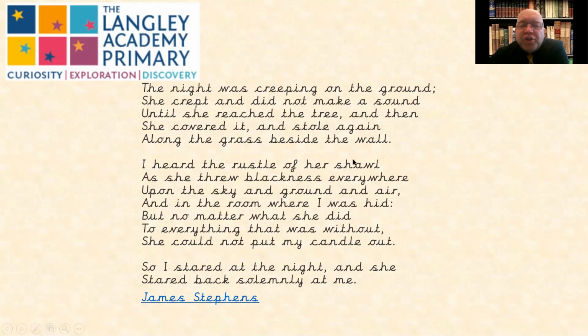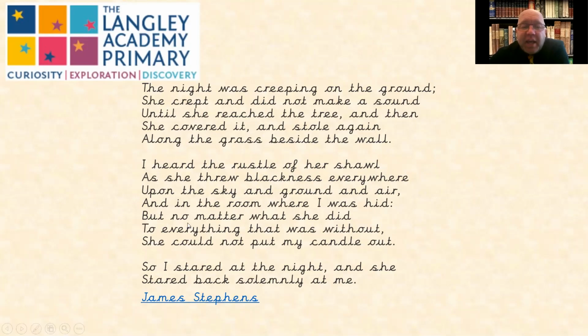But this idea of her shawl, this big black cloak covering everything, I think that's a lovely description. As she threw blackness everywhere upon the sky and ground and air. So this is highlighting that it's everywhere. It's not just on the ground, but up in the sky, the air itself, everywhere is getting darker.